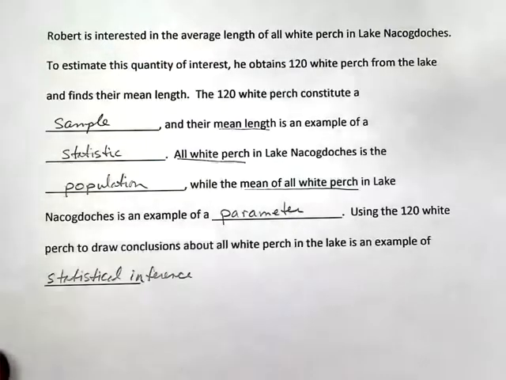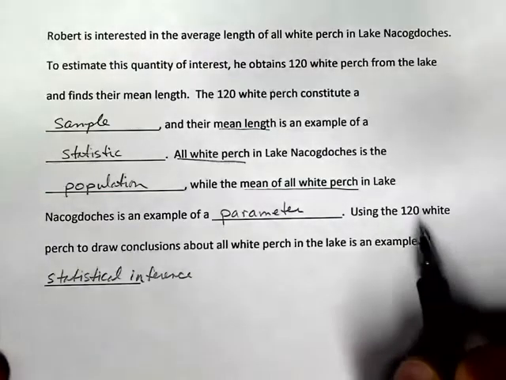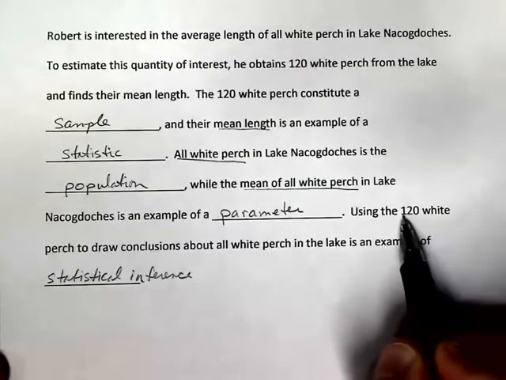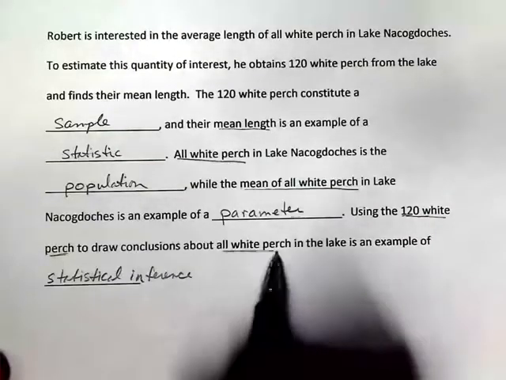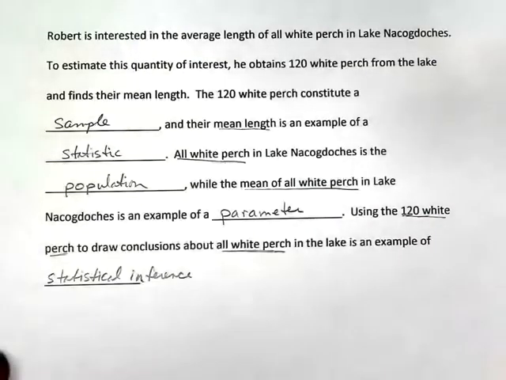In the statistics field, those are synonymous terms or ideas. So we're doing inference when we take the sample, the 120 white perch, to draw conclusions about the population. And in general, when you use the sample information to make conclusions about the population, you are doing statistical inference.